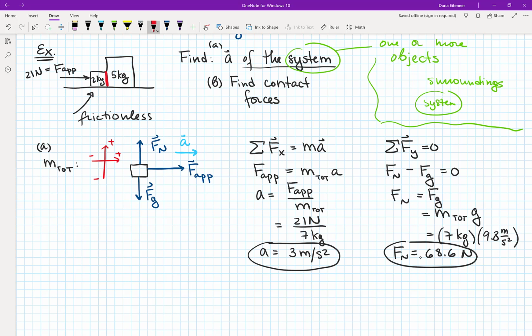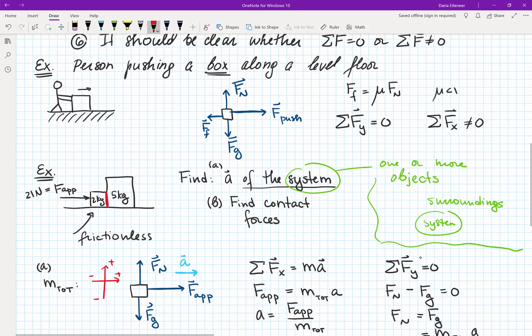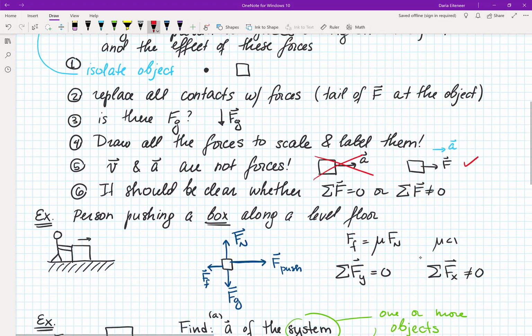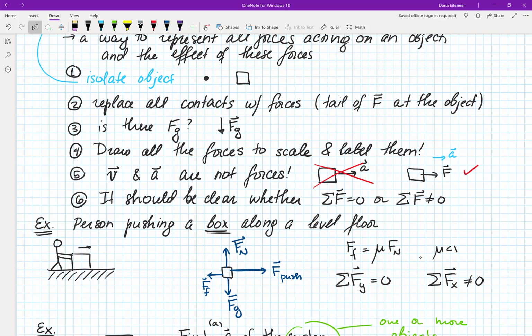And the reason is that the free body diagram only deals with external forces. Okay, let's go back to our description of free body diagram here. Let's just make a clarification that these are external forces.